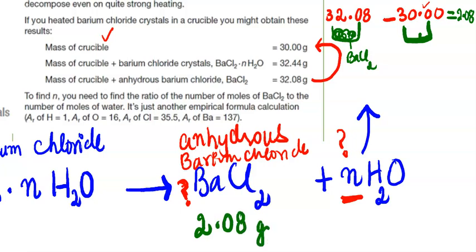So now you get the mass of barium chloride, that is 2.08 grams. Now the second step, you just need to find the number of moles of water. For this, you need the mass of water. How can you get the mass of water?